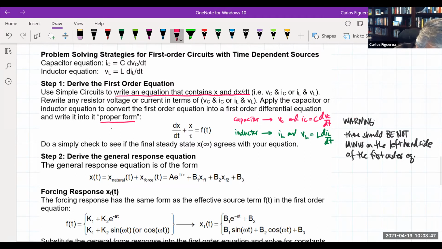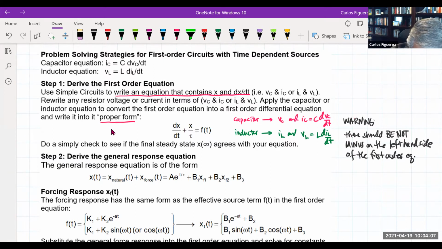I've seen a lot of people come in here and this plus sign is a minus sign. If you do that, you know you did something wrong. Go back and do it all over again. Go find that minus sign. Very, very important. No minus sign ever goes there.